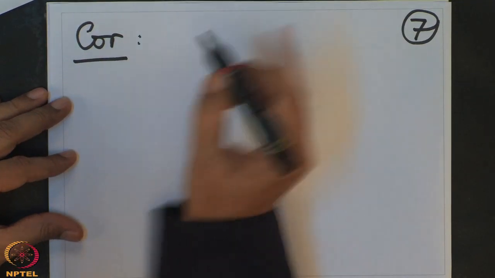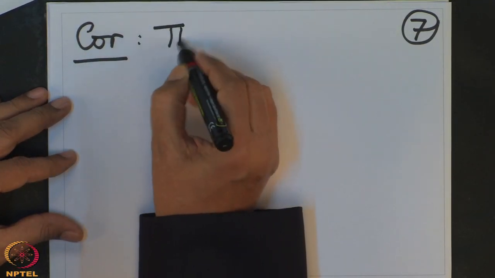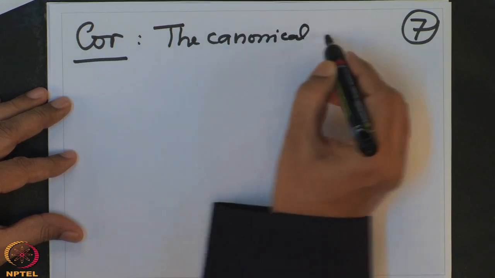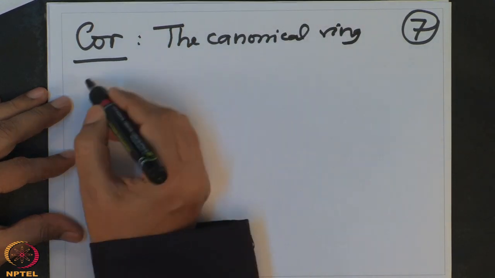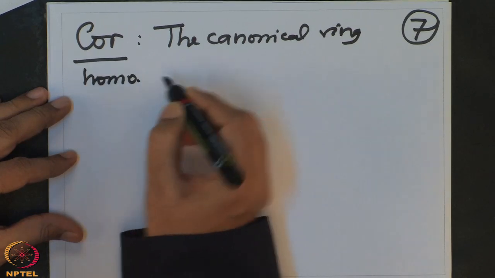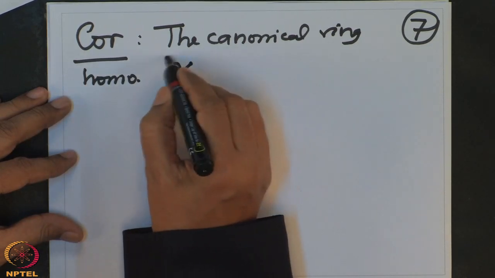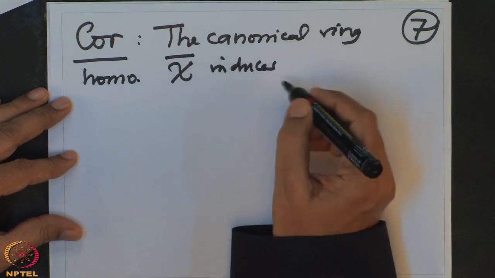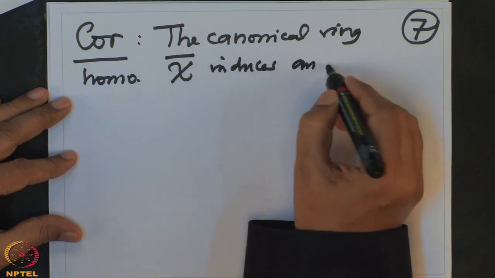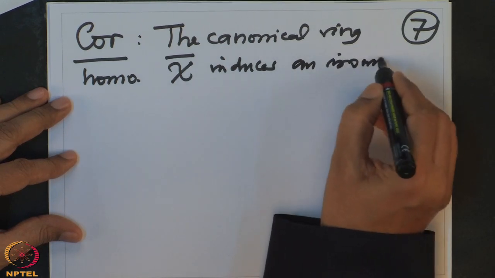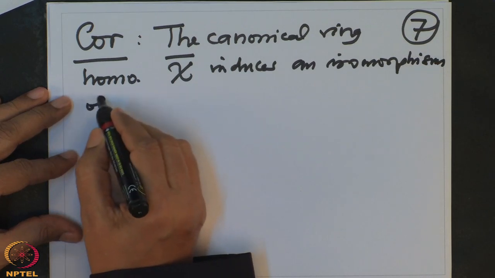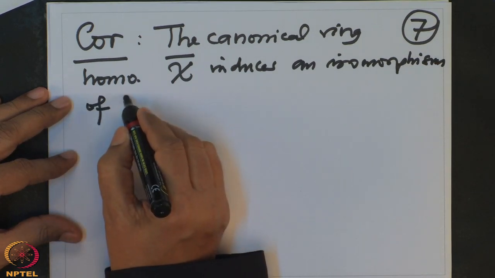this canonical ring homomorphism chi bar induces an isomorphism of unit groups.